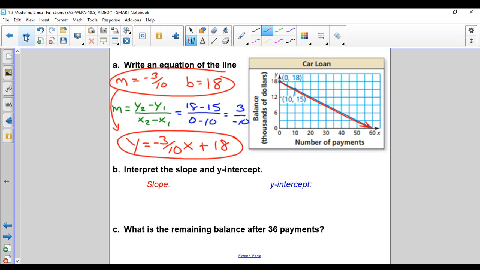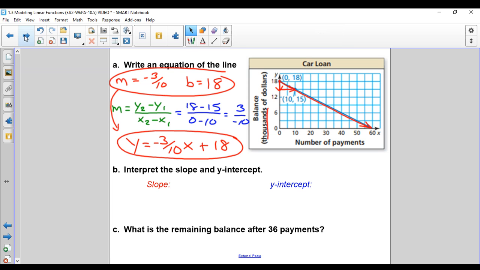Now I need to interpret what the slope and y-intercept mean. So start with the slope. We're going down 3 and right 10 with the slope. That's the way it's written right now. So we're going down 3. Remember, this is also in thousands of dollars. So when we lose $3,000 in our balance, we lose it over 10 payments.